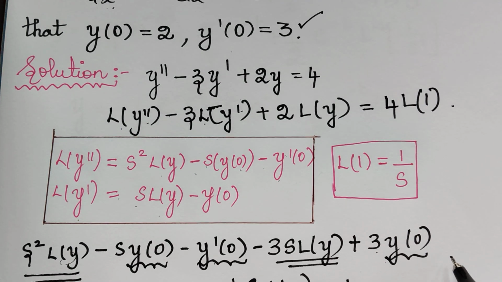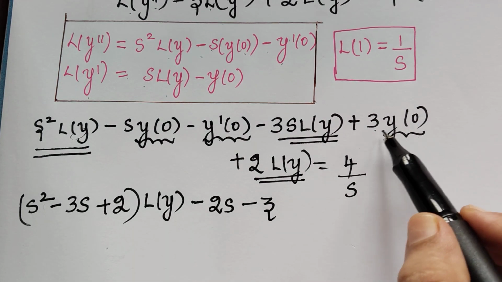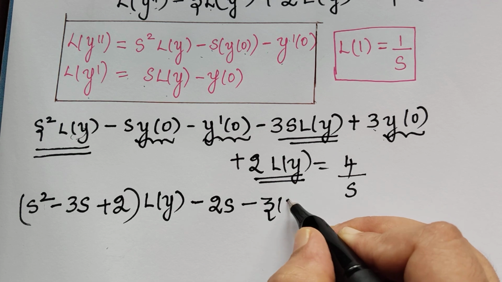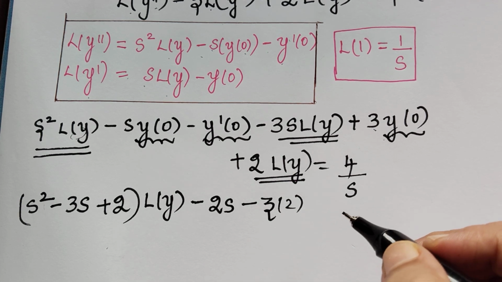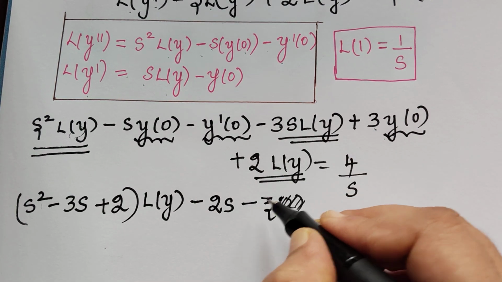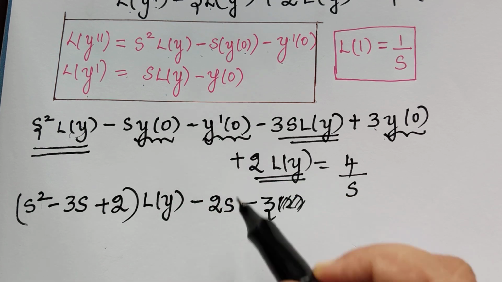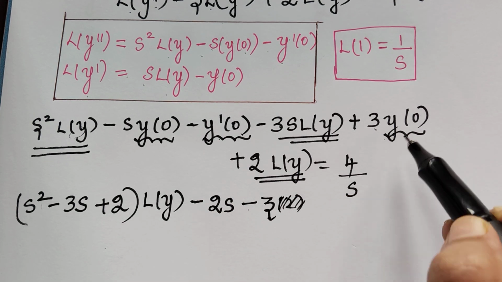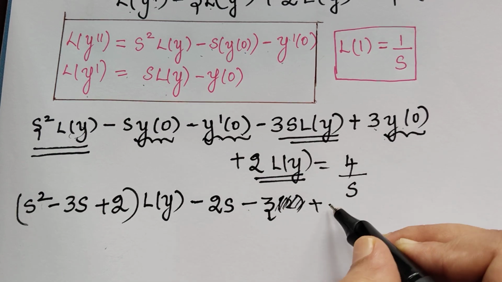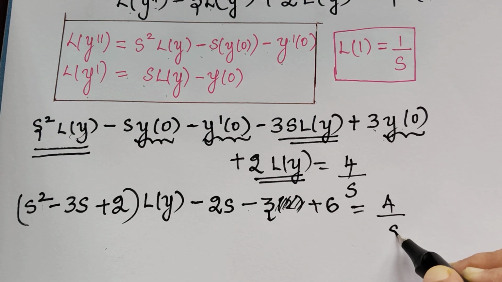Y of 0 is 2, so 3 multiplied with 2 gives us 6. This one, minus y dash of 0, is minus 3. Now it will be plus 3 multiplied with 2, which is 6, is equal to 4 by s.